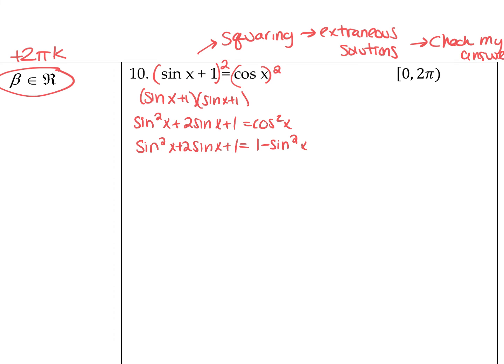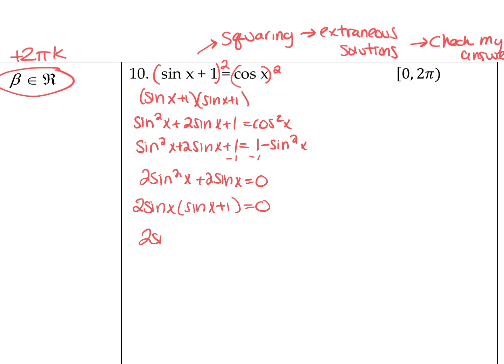Then I'm going to move those to the other side, so I'll end up with 2 sine squared plus 2 sine, and when you minus the 1, you get 0. So then I can factor out a GCF of 2 sine, and that'll leave me with sine plus 1.